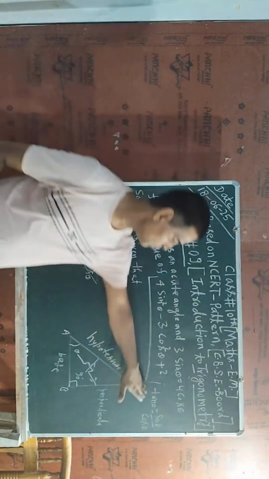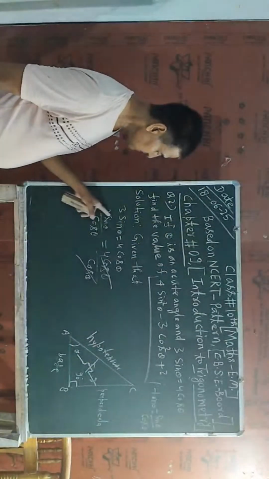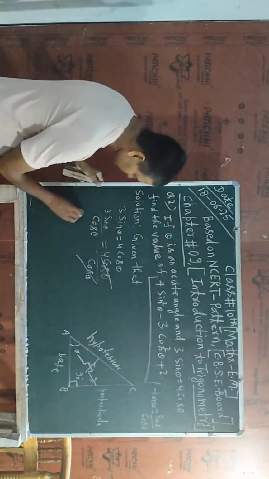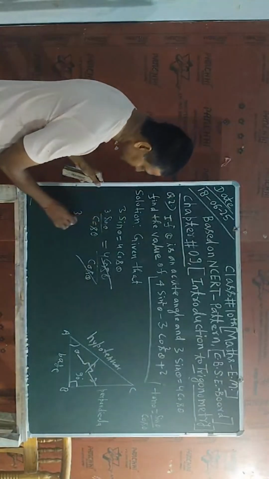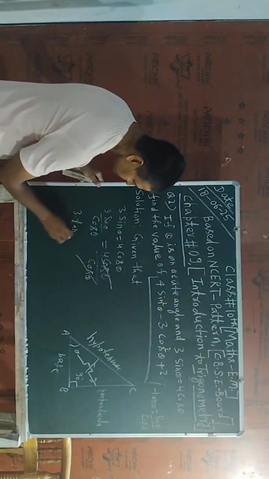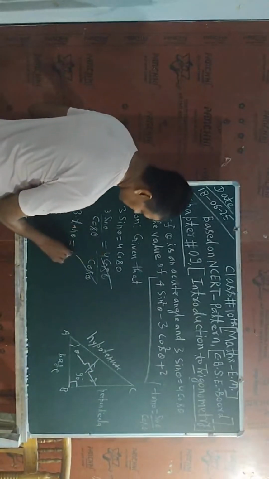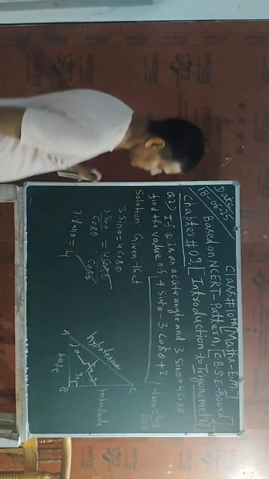So in the place of sin theta divided by cos theta, I can write tan theta. And on the right hand side I will write only 4 because cos theta has been cancelled out.